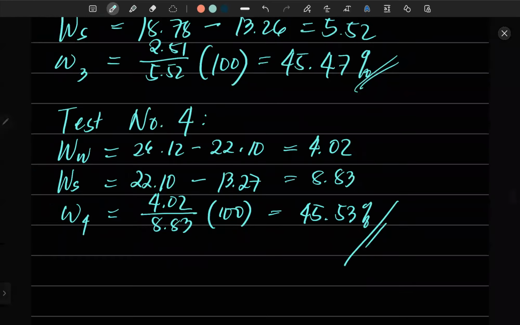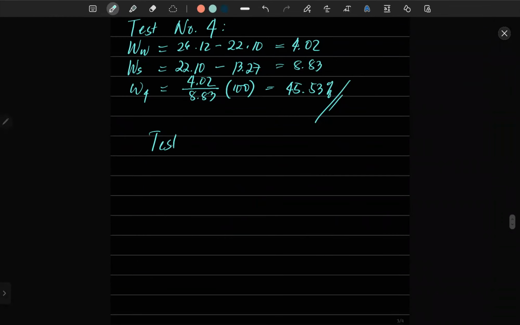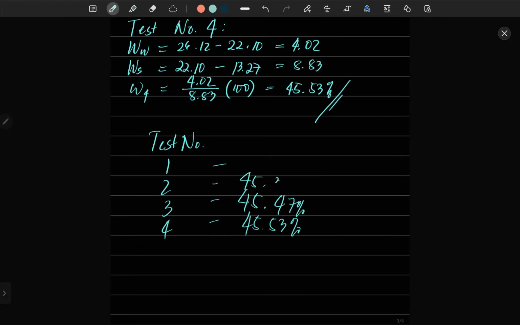Okay, so we have the 4 moisture contents already: 45.53%, 45.47%, 45.34%, and 45.21%. You can notice that the values are all about 45% with varying decimal places.